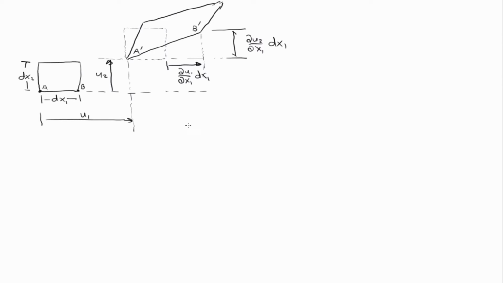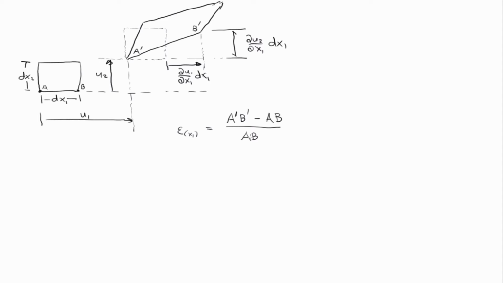And then we're just going to write down our linear, or undergraduate, definition of strain in the x1 direction. So the strain in the x1 direction is equal to A prime B prime minus AB, the length of the line segment A prime B prime minus the length of the line segment AB, over the length of the line segment AB. So it's sort of an engineering strain.